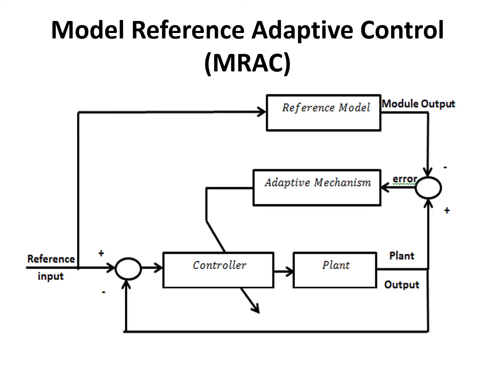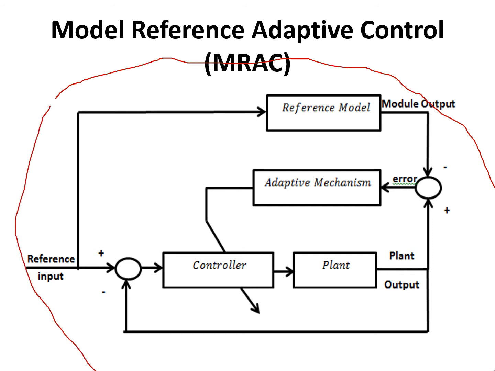Okay, this slide shows the structure of the MRAC. There are 4 main components of the MRAC. Number 1 is the plant to be controlled.